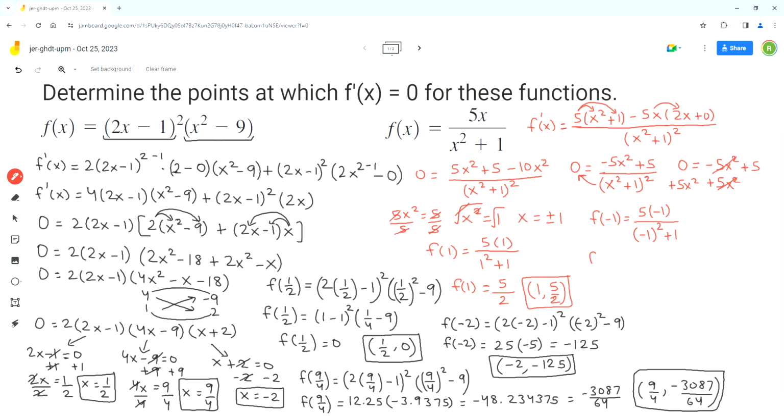So we get f at negative 1 equals, in the numerator we get negative 5 and in the denominator, negative 1 squared is positive 1 and 1 plus 1 is 2. So the second point is negative 1, negative 5 over 2. So this is the second point at which the derivative is equal to 0 for this function.